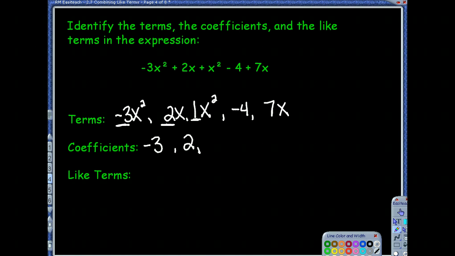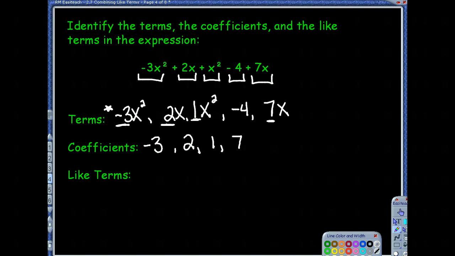We just don't write it. So a 1. I don't touch the negative 4 because the negative 4 is a constant. And then our 7 is the last coefficient of x. Notice that when we list the coefficients, these pieces don't have variables with them. When we list terms, they do, because the term's talking about the entire piece that's being added or subtracted, where the coefficient is just the number that's being multiplied by that variable.